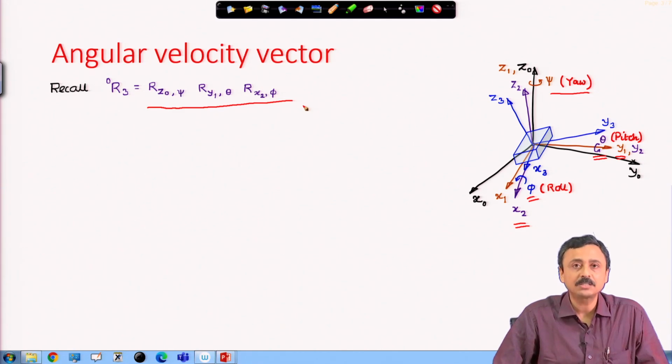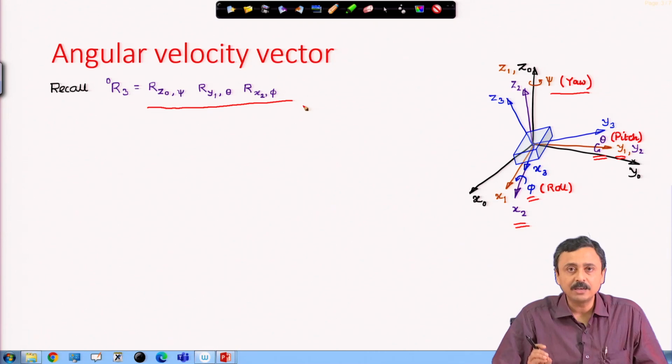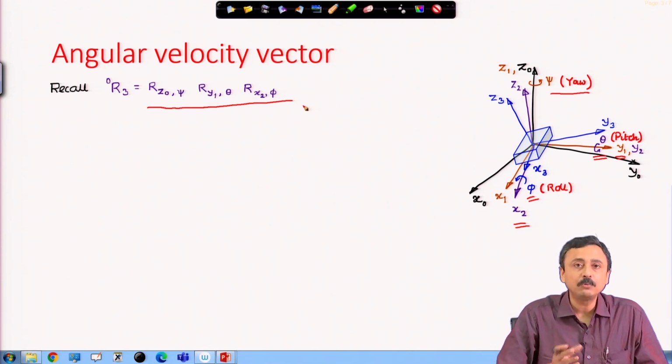This rotation matrix represents an orientation corresponding to the coordinates psi, theta, phi, which means if I give you psi, theta, phi, you should be able to tell me the rotation matrix, and every rotation matrix represents an orientation.